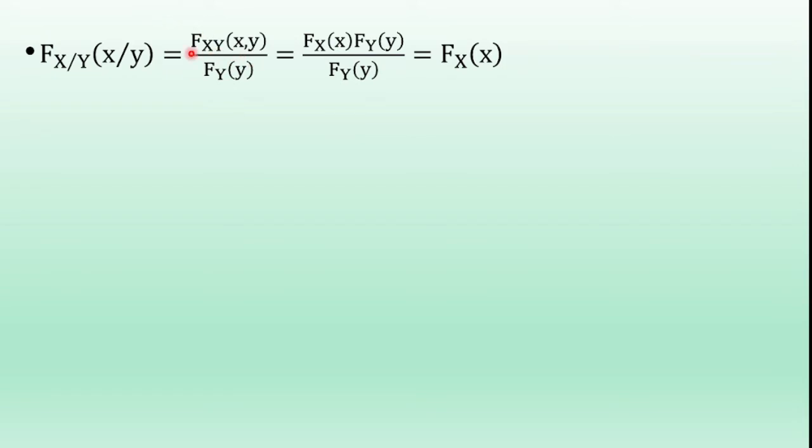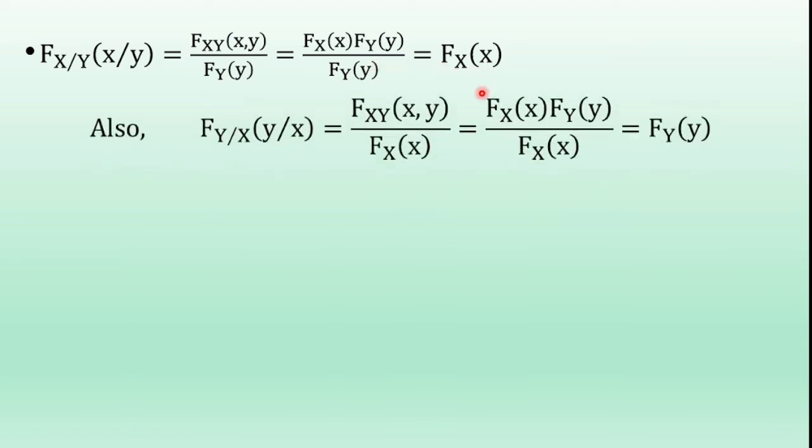This equation was already explained in my previous video on the conditional distribution function and conditional density function concepts. Applying the independence condition to the numerator term, F_Y(y) cancels, and the remaining term is F_X(x). Also, similarly, F_Y(y|x) is equal to F_Y(y).